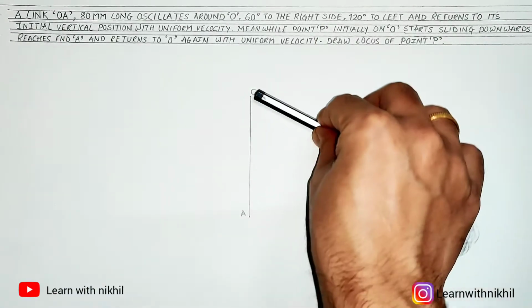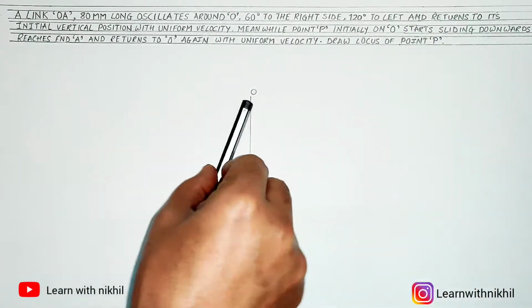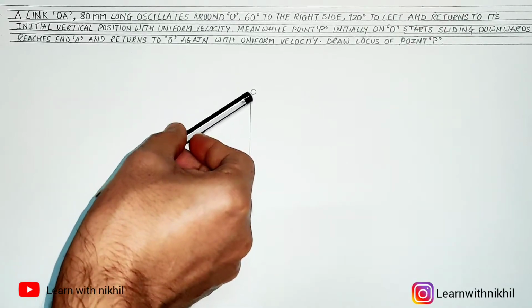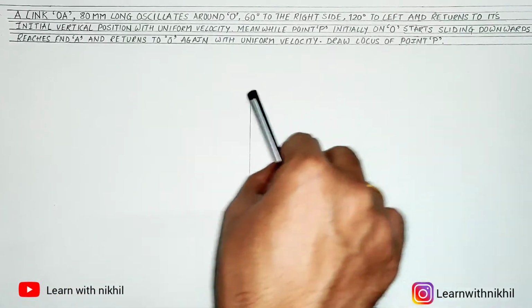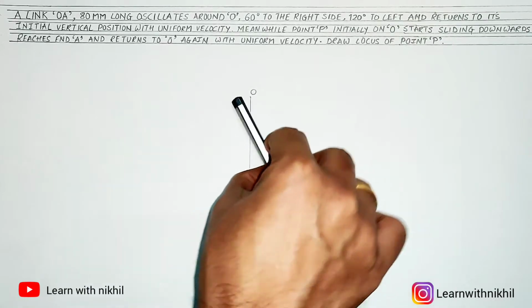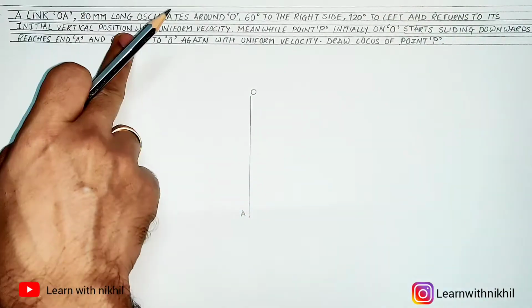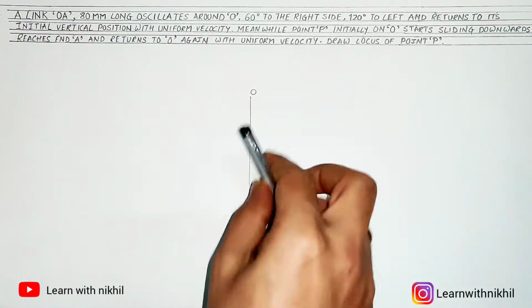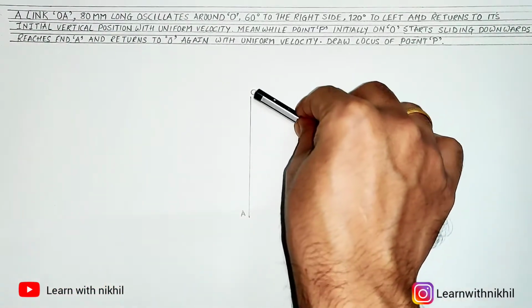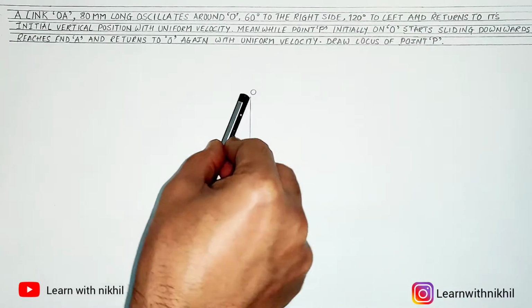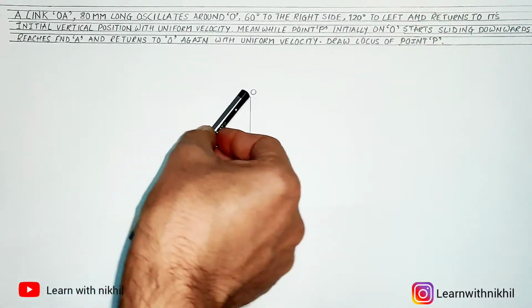And then returns again to its initial vertical position. So like this, it goes here and it comes back. To read it properly, it is given returns back to its original position. So it goes left, it goes right, and then it comes back.